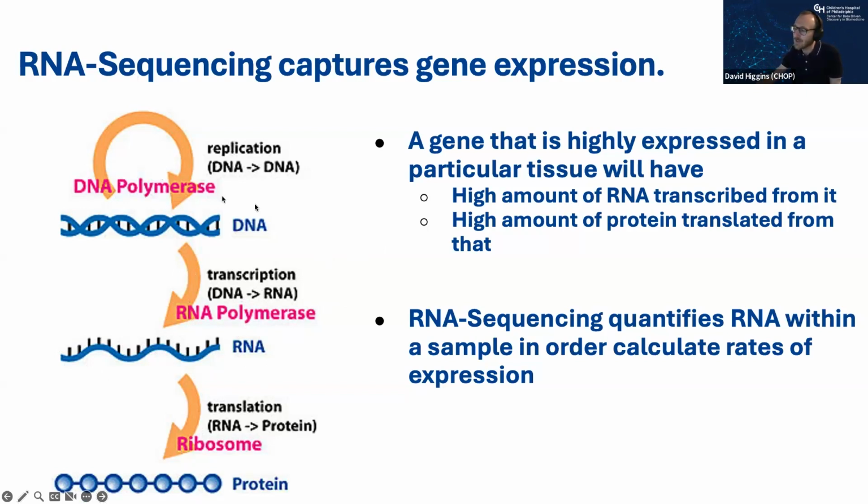If a gene is highly expressed in a particular tissue, then it's going to have lots of copies of RNA floating around inside the cells, and then we would have lots of protein being produced at the ribosomes as well. So what RNA sequencing is doing is quantifying that RNA molecule. It's saying how many of these molecules are there in the cell, and it's using that quantification to estimate how highly expressed particular genes are.